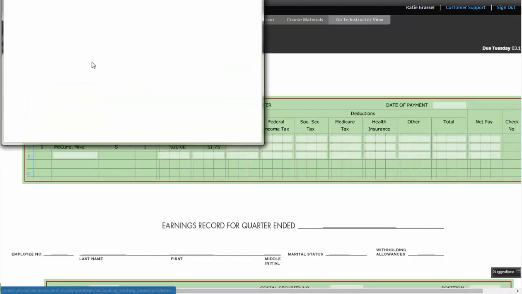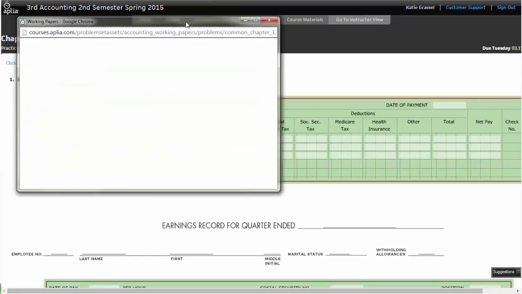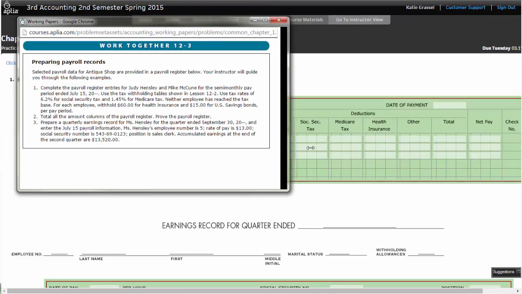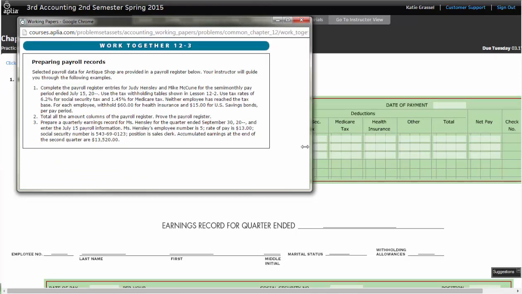Our directions for work together and on your own, 12.3. It tells me the first thing I need to do is complete the payroll register for Judy Hensley and Mike McCune for the semi-monthly pay period ended July 15, 2000XX. Use the tax withholding table shown in lesson 12-2 or in your book on page 347 and 348.